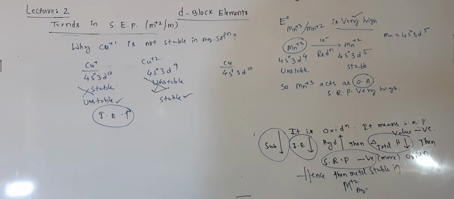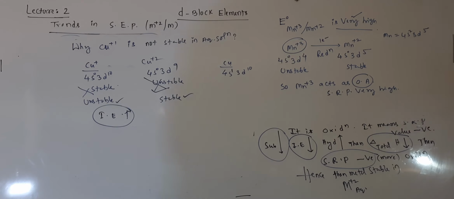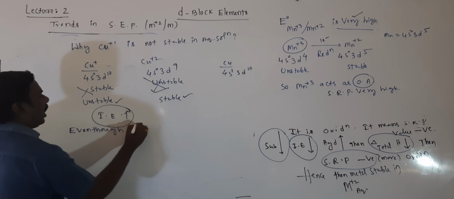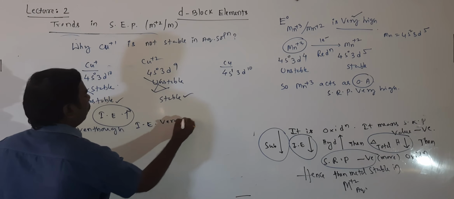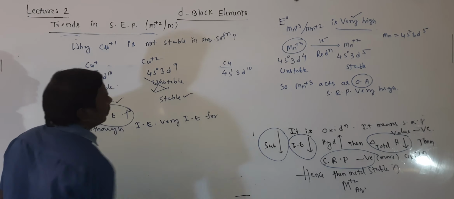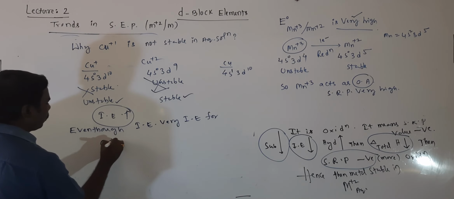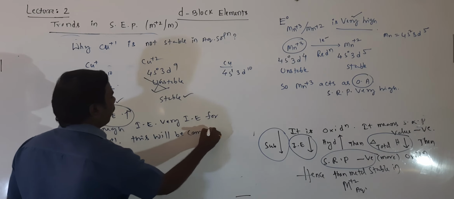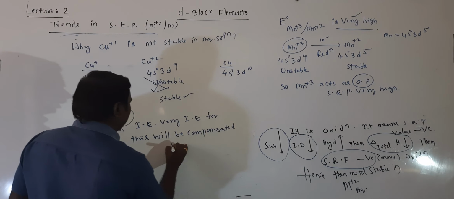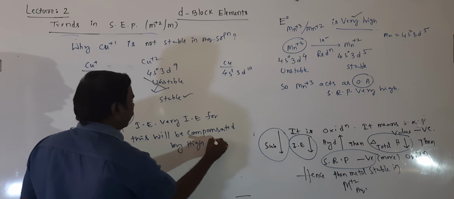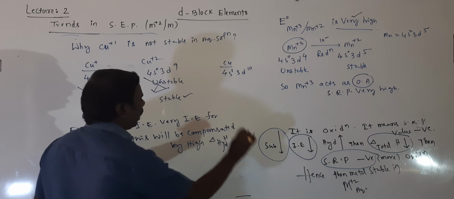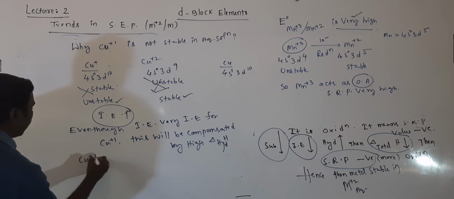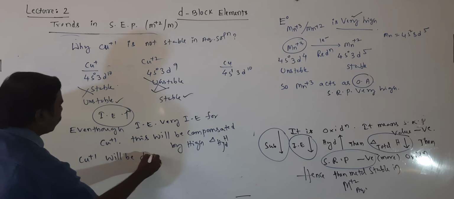That's why, even though the ionization enthalpy value is very high for Cu plus 1, this will be compensated by high hydration enthalpy. Hence, Cu plus 1 will disproportionate.